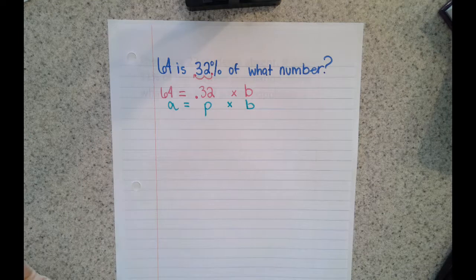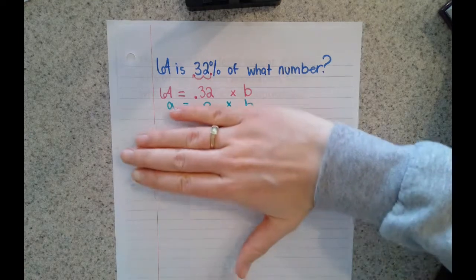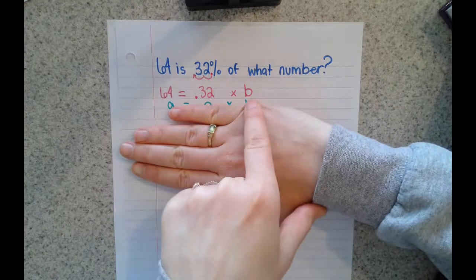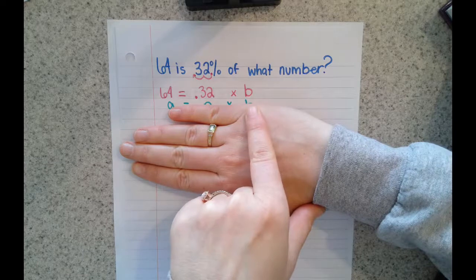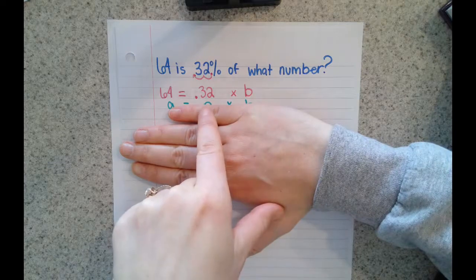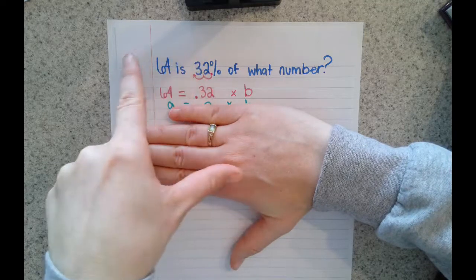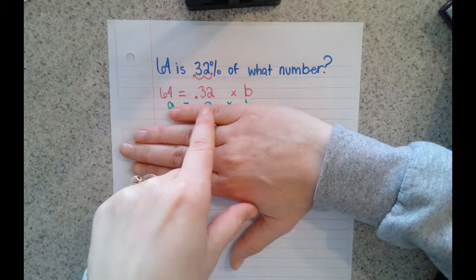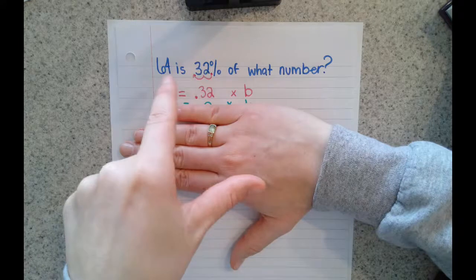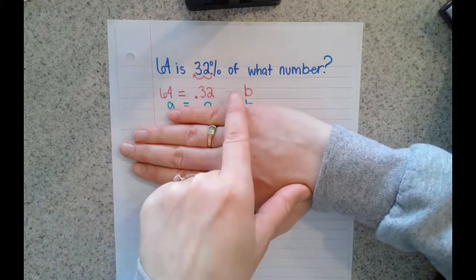Now, how are we going to solve this equation? Well, if we want to get b by itself on the right side of the equal sign, we need to move this 0.32 over to the left side of the equal sign. Whenever you want to move a term over, you always do the opposite of the operation you see.